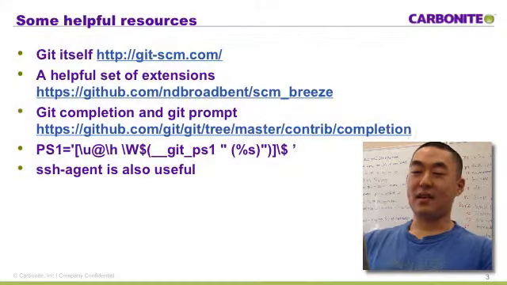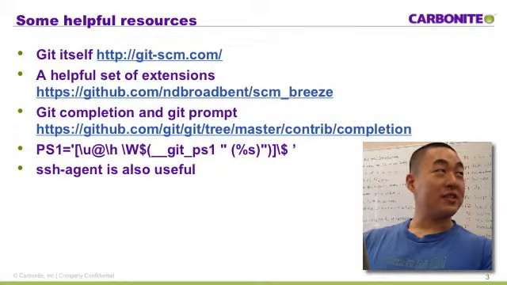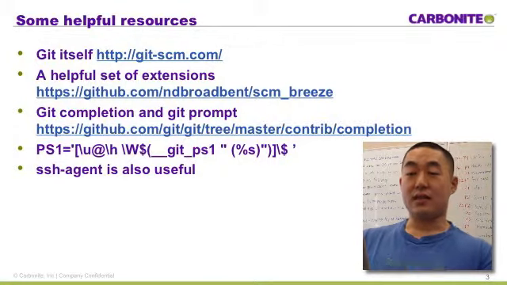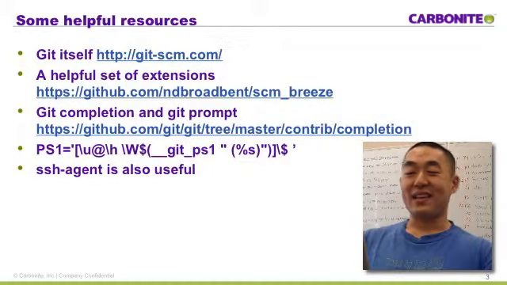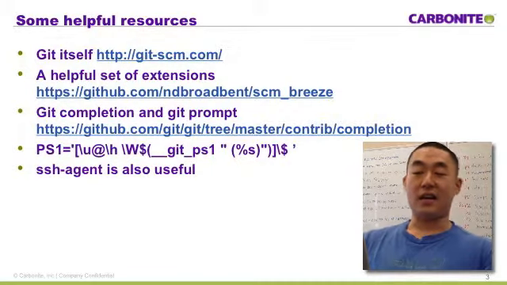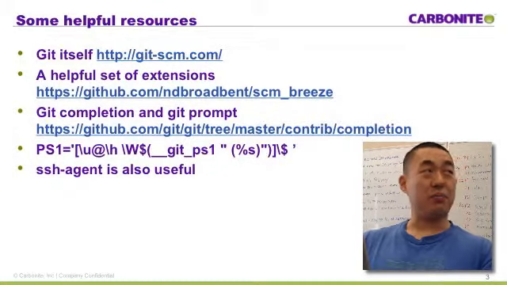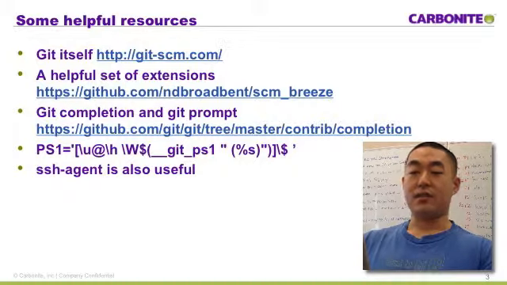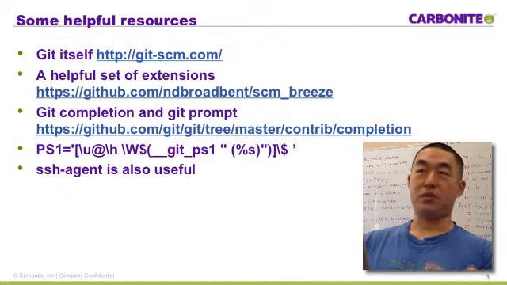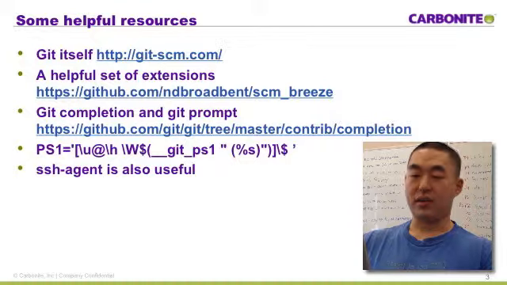So, okay, some helpful resources. There's the Git SCM site. I realize it's not too readable. Sorry about that. There's a helpful set of extensions called SCM Breeze, which I found really useful, and I'll show you some of that later on. I'll show you essentially a mix of both traditional Git commands and the shortcuts provided.